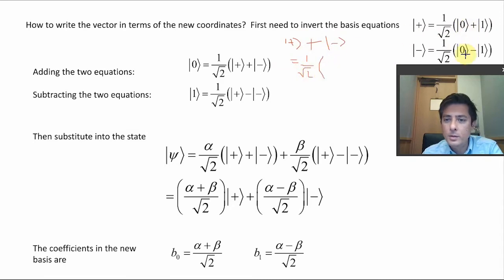We've got 2 zeros, and then this 1 and the -1 will cancel, so that will not be there, and we've got 2 divided by square root of 2, so that's actually square root of 2 multiplied by 0. Then if you rearrange this, put this square root of 2 on the other side, you get this equation. Okay, so now we know how to write the 0 in terms of plus and minus.